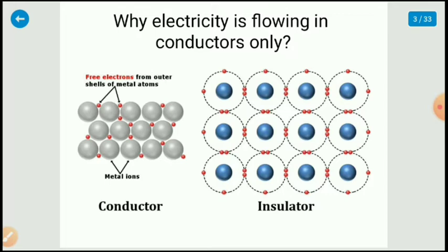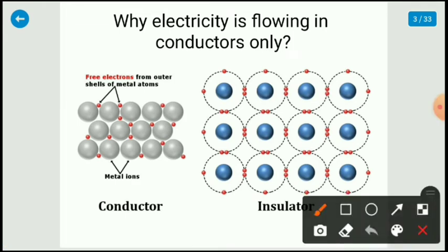You can see here two types of material, insulator and conductor. The insulator has a packed system of electrons in the outermost shell, which does not allow electricity to pass. But in conductors there are free electrons, which are responsible for the presence or flow of charge in metals.